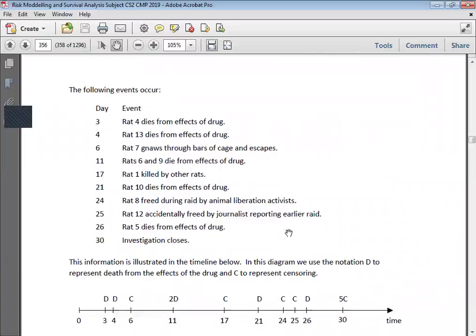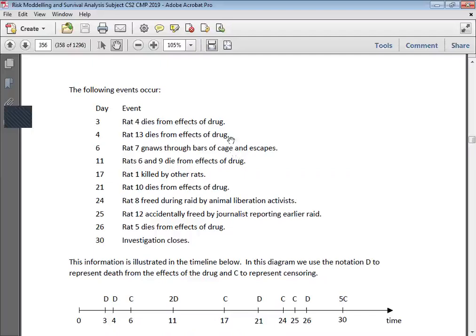Whatever happens due to the effect of the drug, if a rat dies due to the drug, we classify that as an event. But if something else happens, like a rat bites another rat and that rat dies, that is not an event for us. That rat dying is something like that rat being censored.